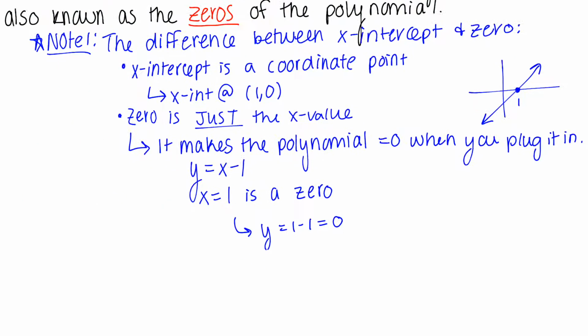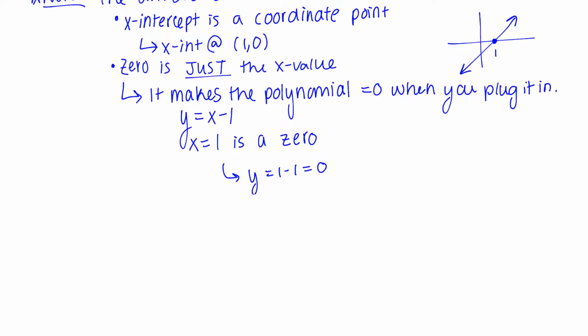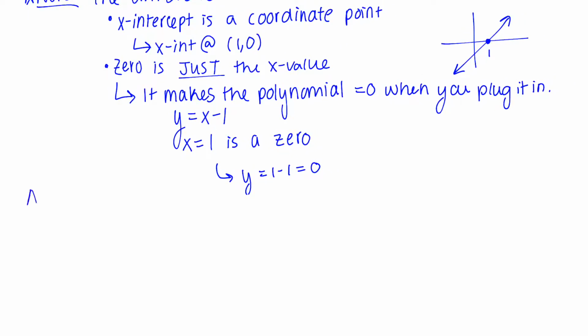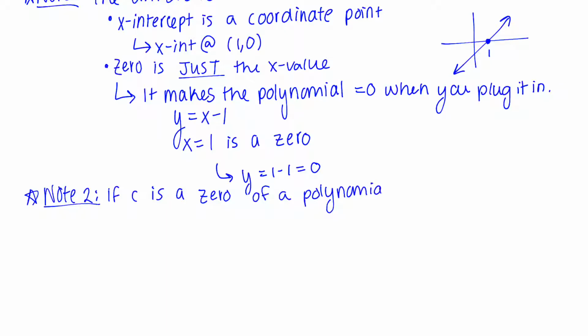And that's what my note number 2 is going to be. Note 2: if c is a 0 of a polynomial, then x minus c is a factor of the polynomial.